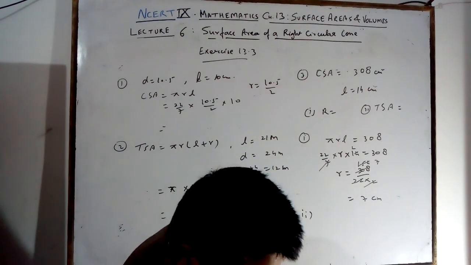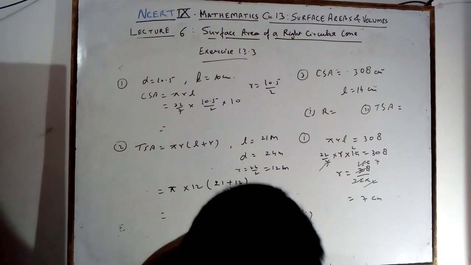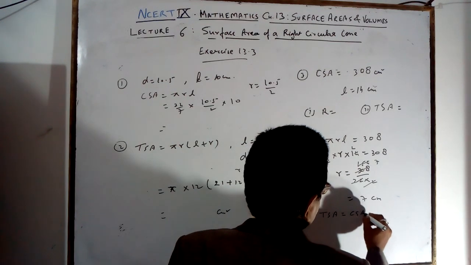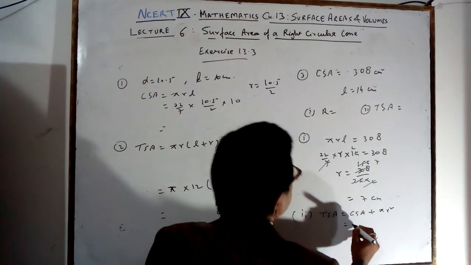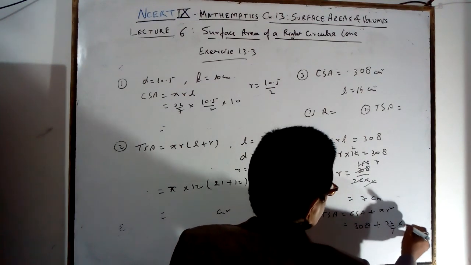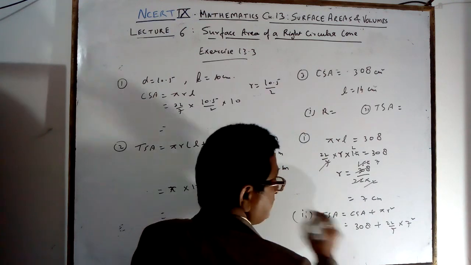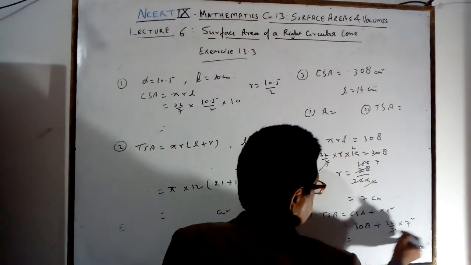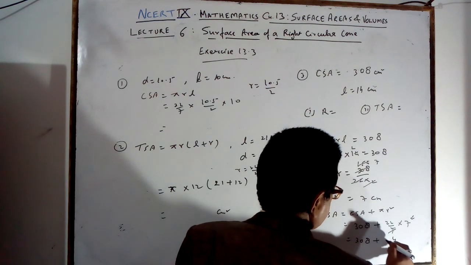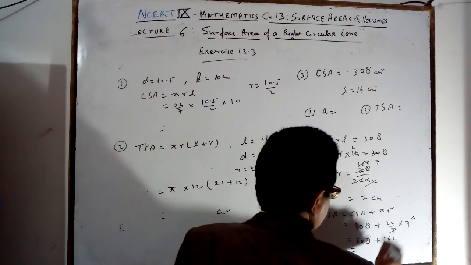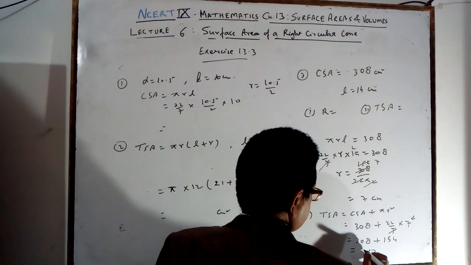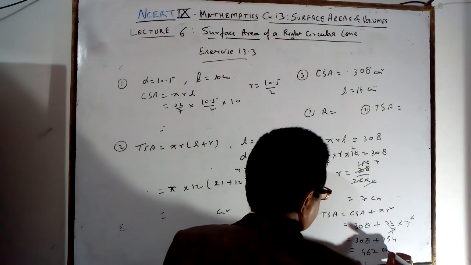So the second part is the total surface area of the cone. TSA is equal to CSA plus pi r square. The CSA is given as 308, plus 22 by 7 into 7 square. By this, 7 and 7 cancel, and you get 308 plus 154, which is 462 centimeter square.